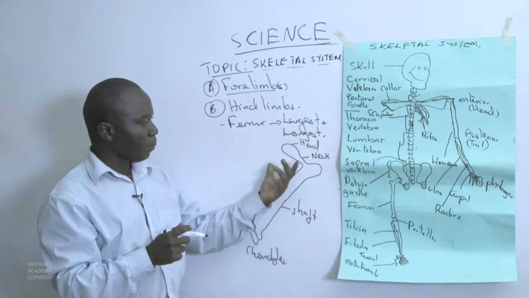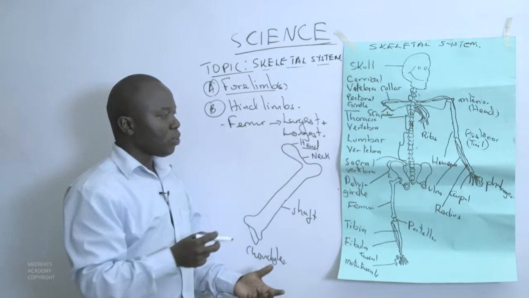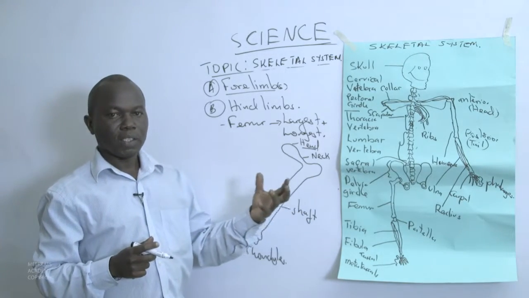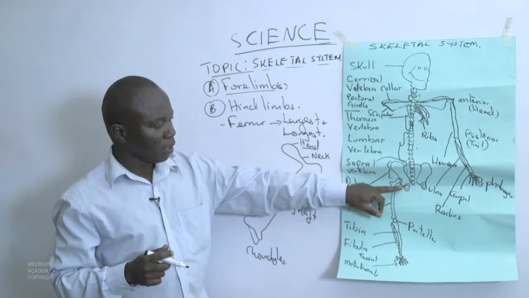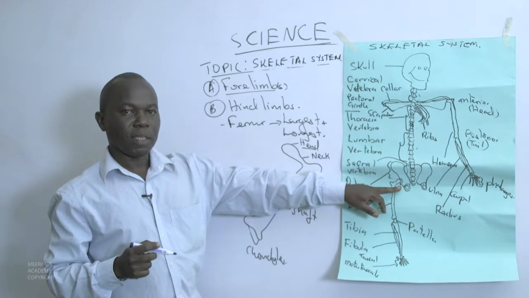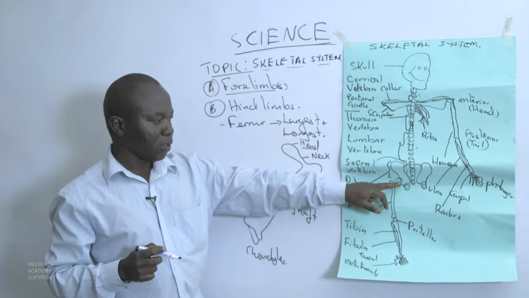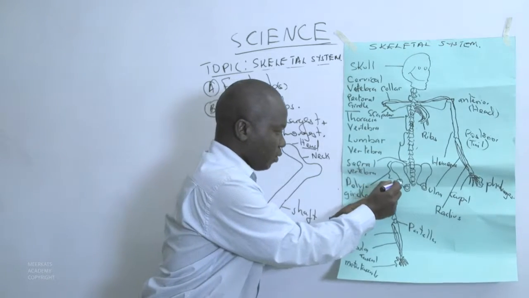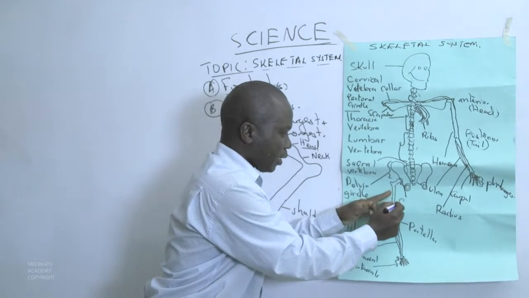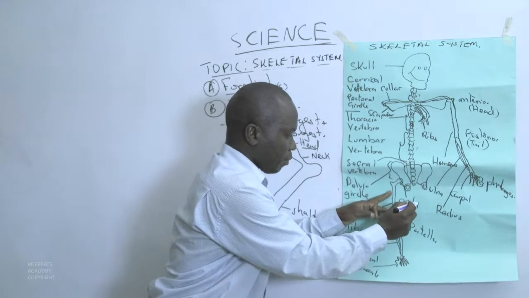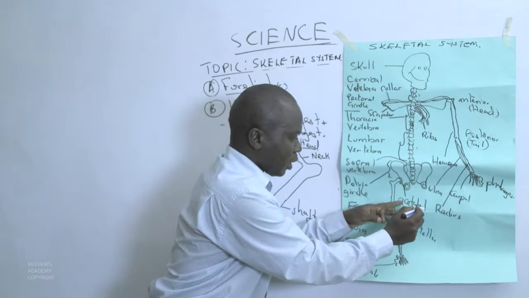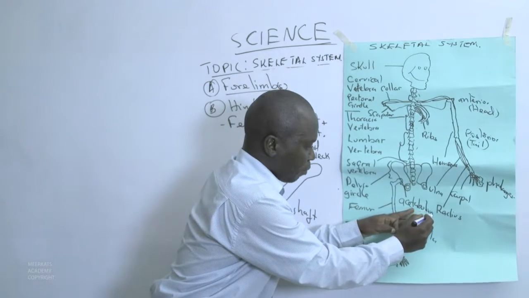The same rules apply. The head usually forms a joint when it articulates with the pelvic girdle at that point. That cavity is called acetabulum.